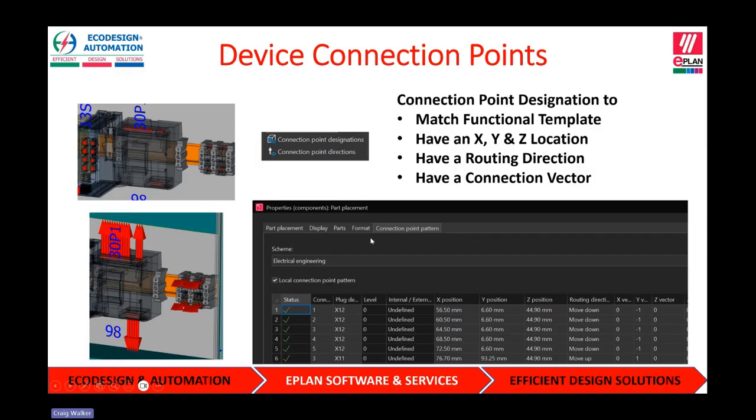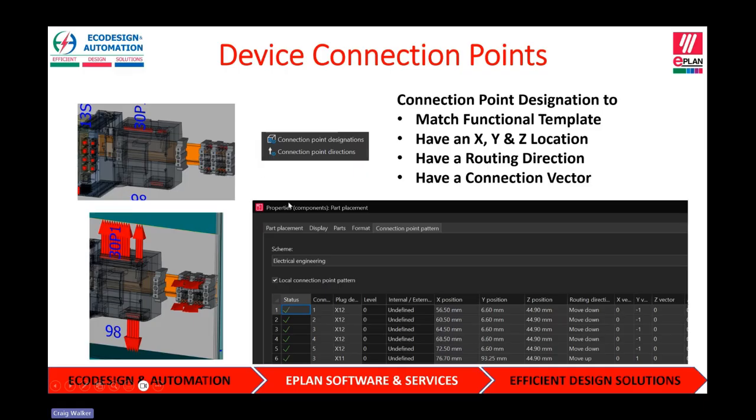And a connection point pattern belongs to that part data. So every point in it, the connection definition, needs to match the functional template for the part. And this is how it creates that final link between knowing what's wired on the schematic, what's defined in the part, and where it is in 3D space.